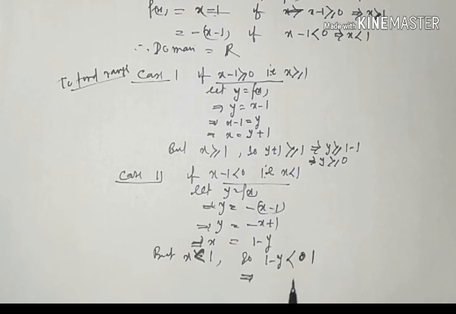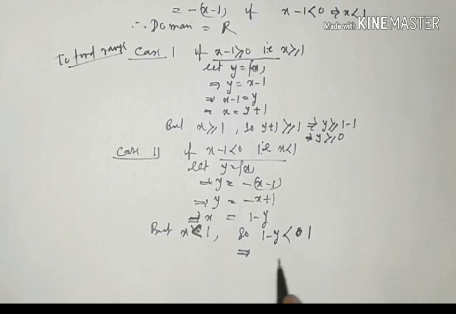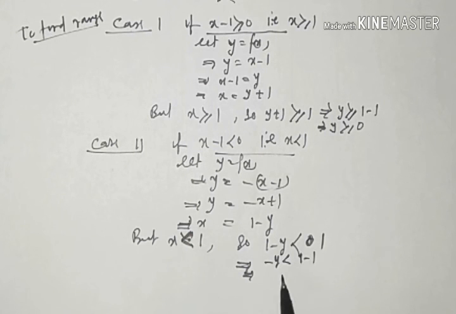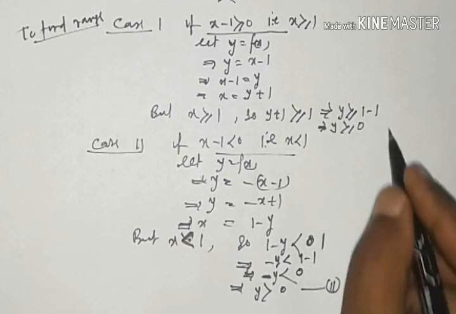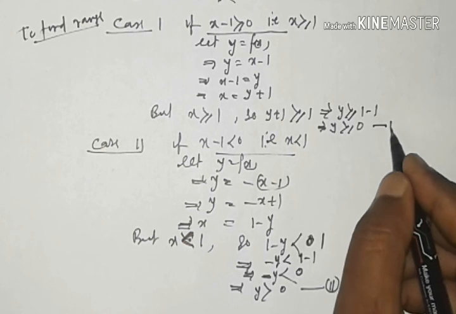This implies -y is less than 1 - 1, so -y is less than 0. This implies y is greater than 0. It is the property of inequality: -y less than 0 means y greater than 0. This is case 2, and the earlier one is case 1.